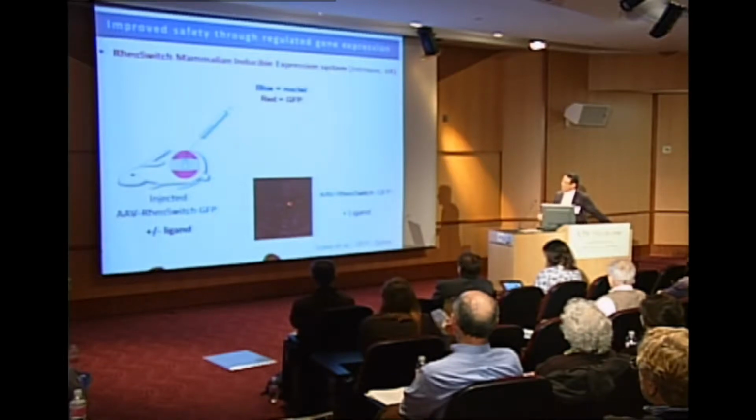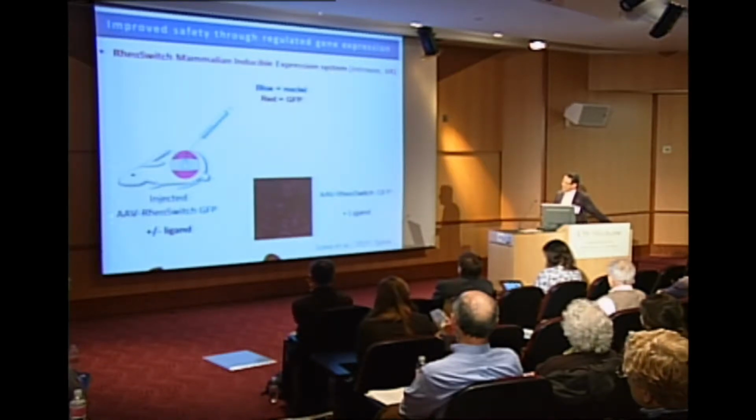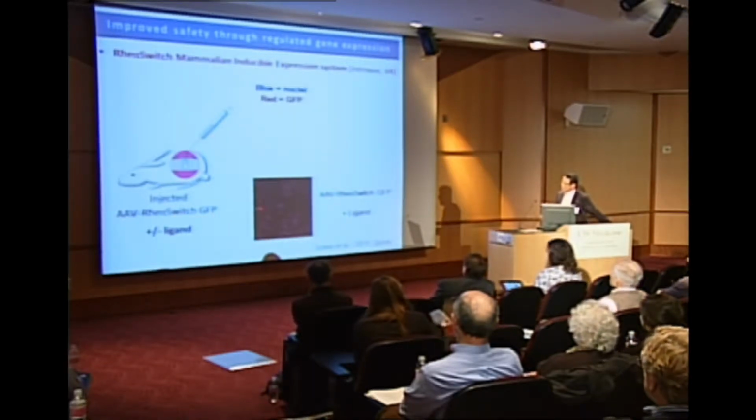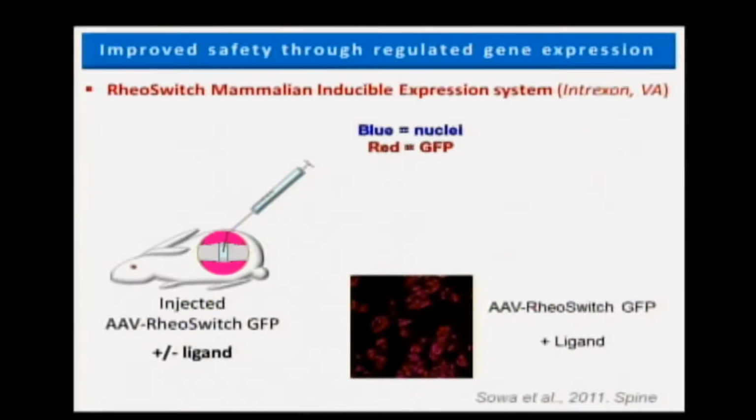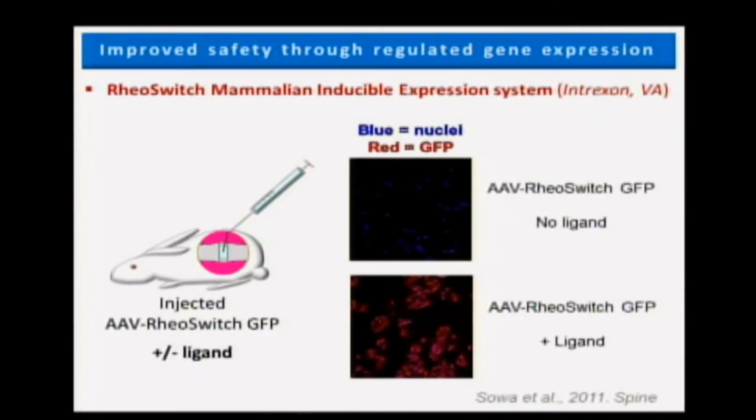And we've shown this in our rabbit model when we inject the AAV, the Rio gene switch with the GFP on/off, and then when we add the ligand, it turns the gene on. And then when we take it away, the protein, the transgene transcription stops.